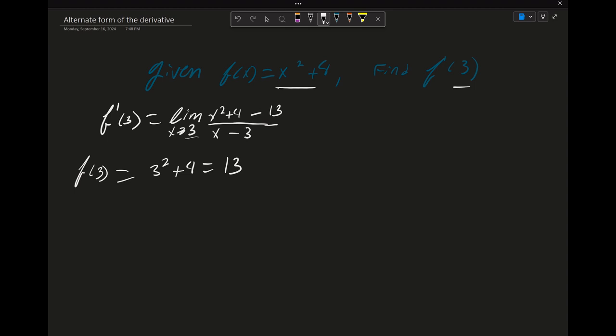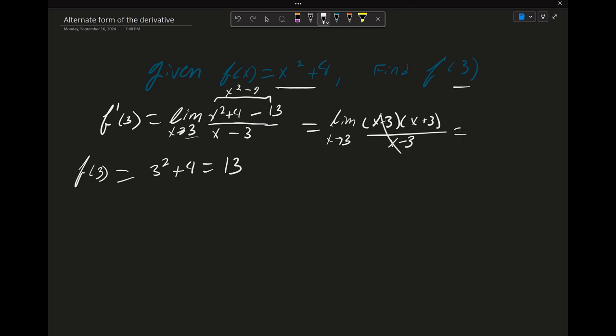Alright, so then if we do some simplifying, the top simplifies to x squared minus 9. So x squared minus 9 can be factored to x minus 3, x plus 3, and all over this x minus 3 we saw before, so we know that these two values cancel out.